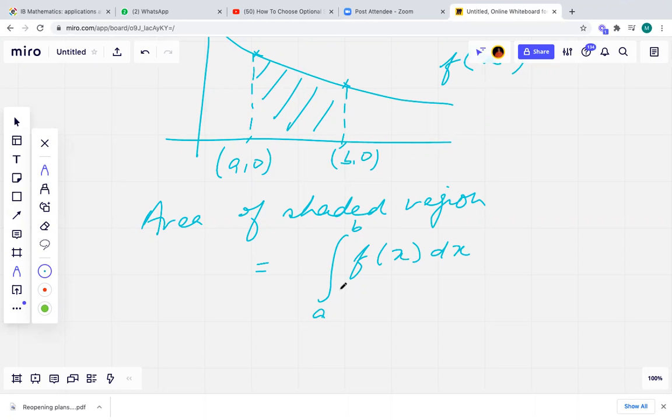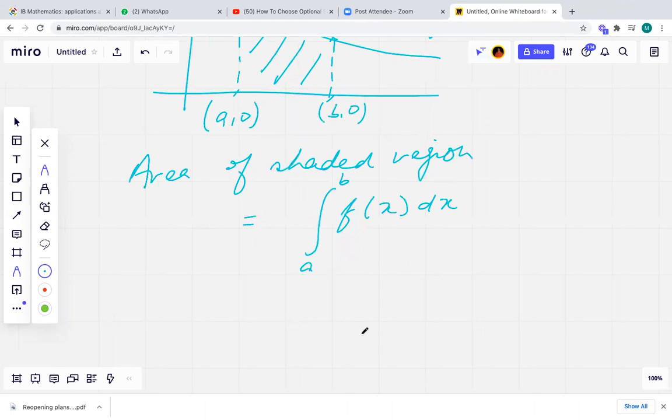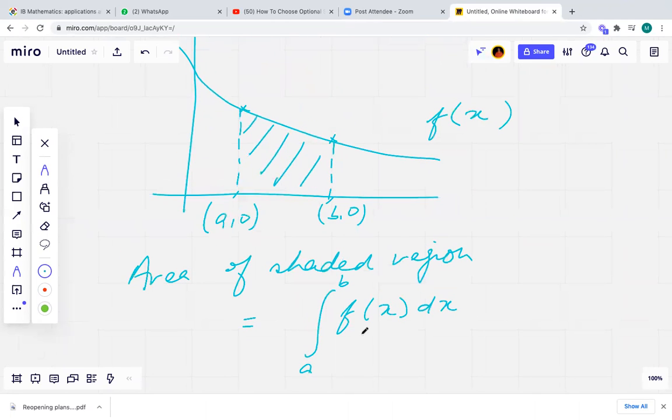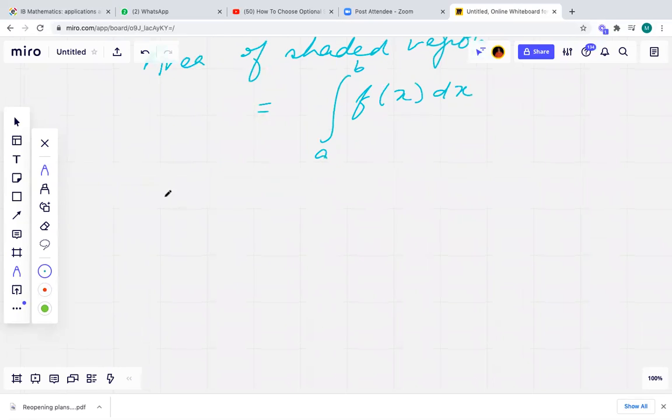So area of shaded region is so much. Now suppose I was to revolve this. Let's say I have the same curve.